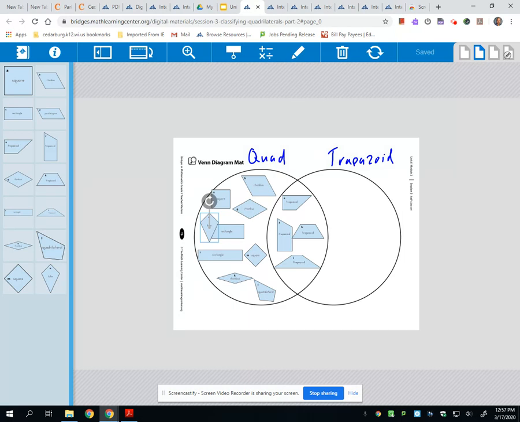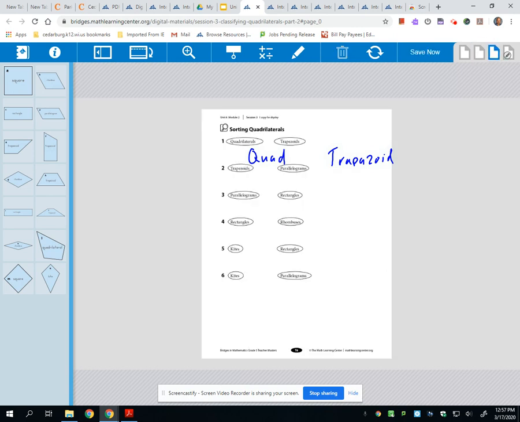So what I'm going to do is load each one of these shapes into your document, and you have to go over the rest of these. You have to spend some time making a Venn diagram for trapezoids and parallelograms. Which ones are similar? Which ones are different?